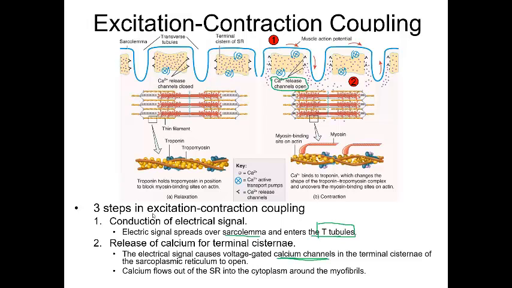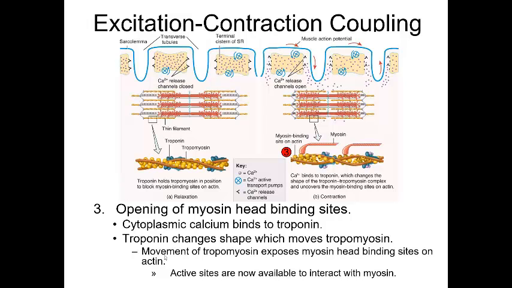So calcium is going to go and bind to the troponin. Now, once calcium binds to the troponin, the tropomyosin is going to change its shape. Once tropomyosin changes its shape, it is going to expose the myosin binding sites on the actin.